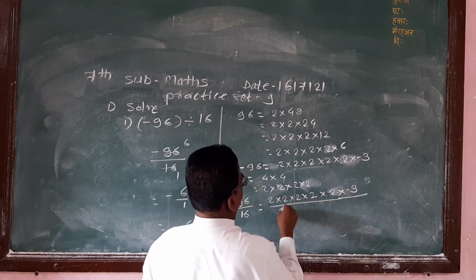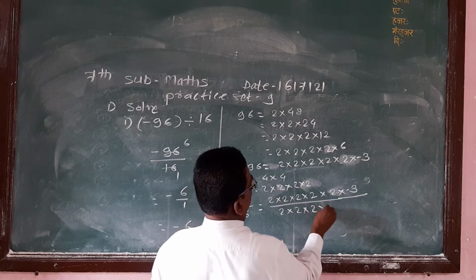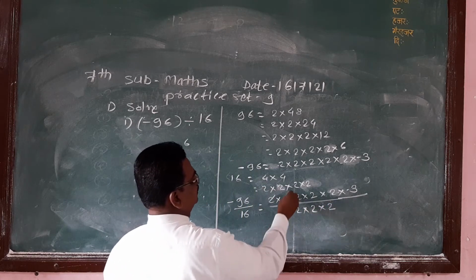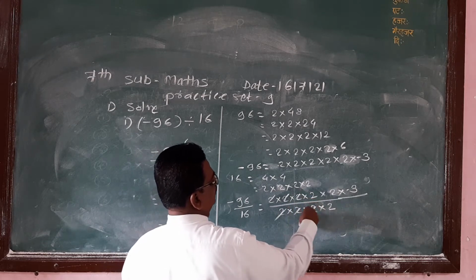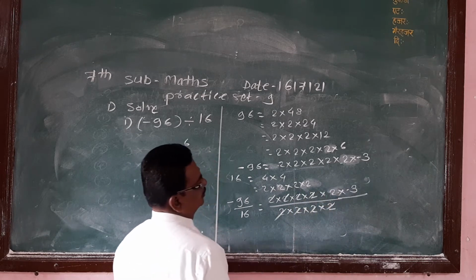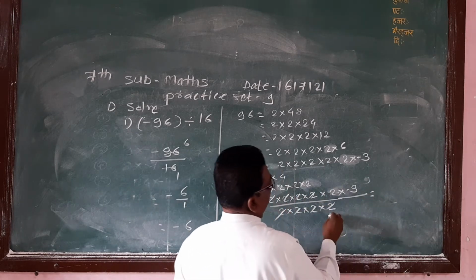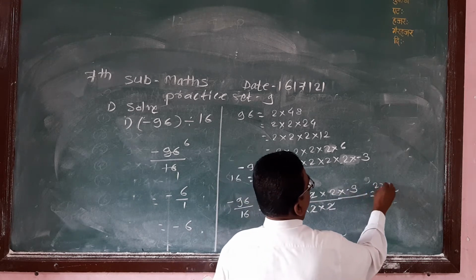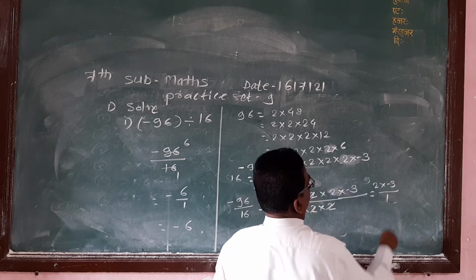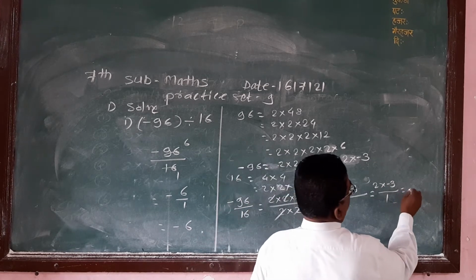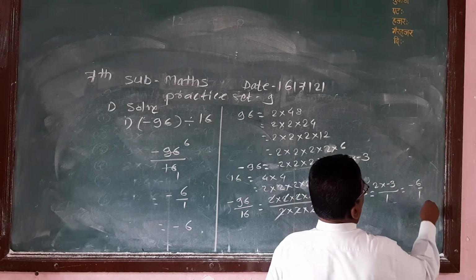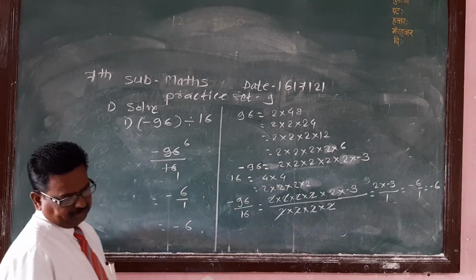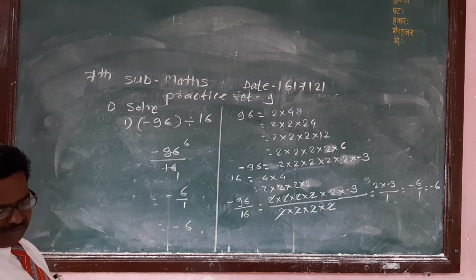Now 2 into 2 into 2 into 2, cancel 1, 2, 3 and 4. So here remaining 2 into -3 upon 1, which is -6. Okay?